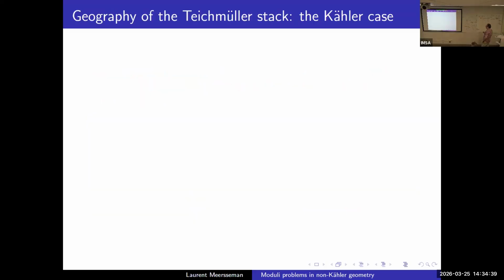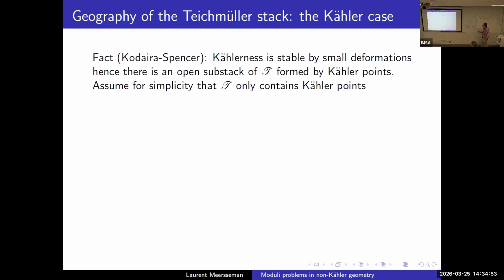So now I can try to understand this whole decomposition of the Teichmüller stack between normal points, jumping points, and exceptional points. There is a well-known fact, a nice theorem by Kodaira-Spencer.